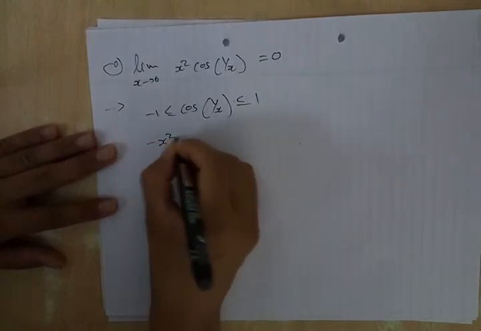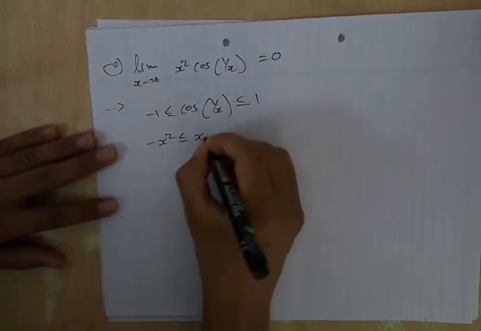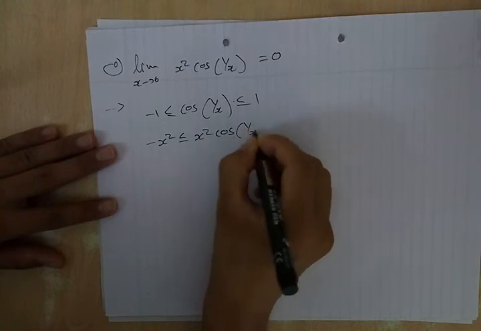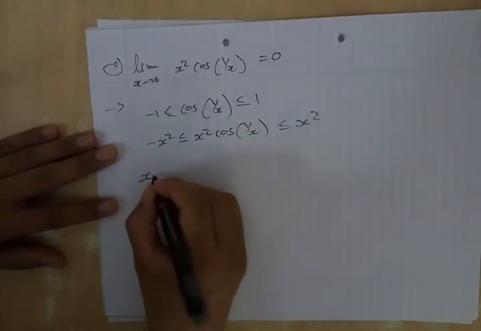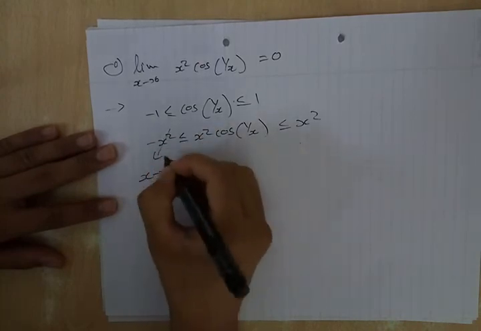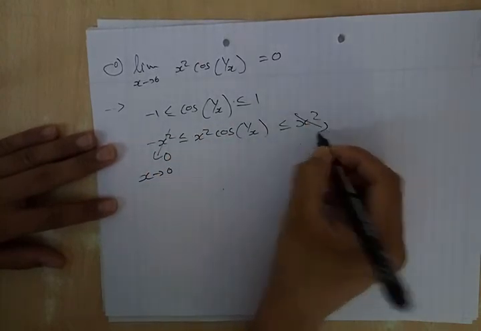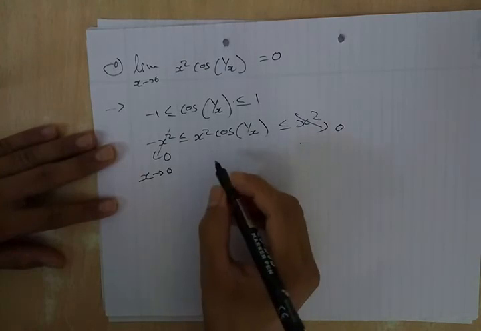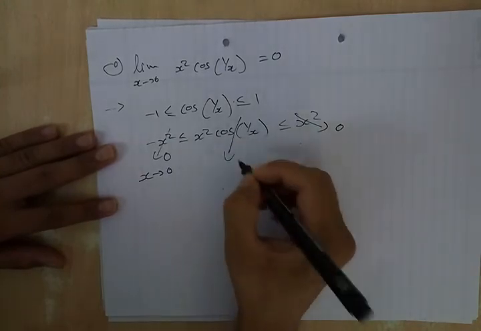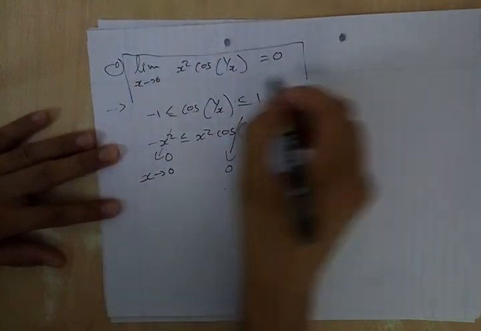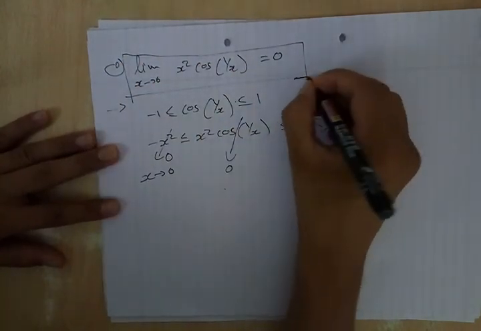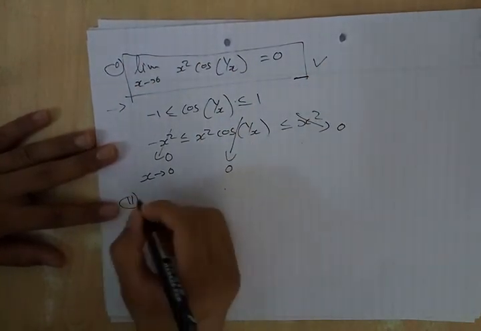Now we will multiply this inequality with x square. Now as x approaches 0, the left hand side will approach 0, the right hand side will also approach 0. Hence this middle term will also approach 0. So according to the sandwich rule, we can prove this result.